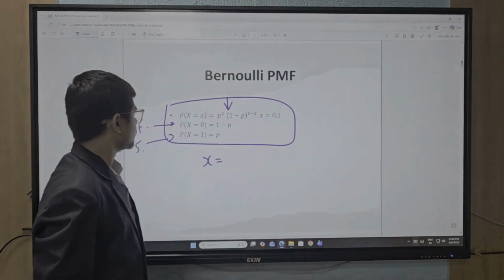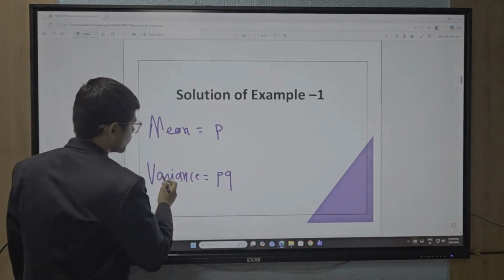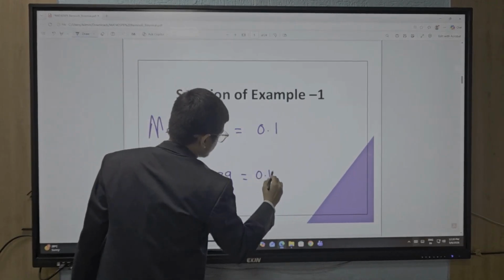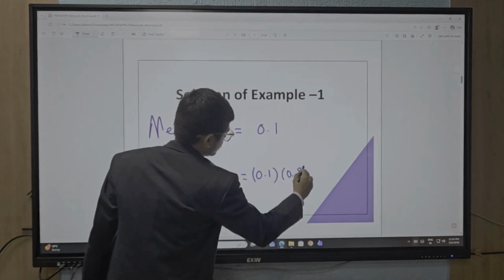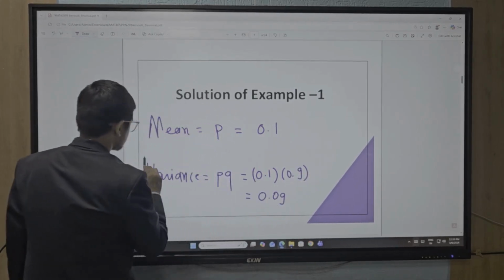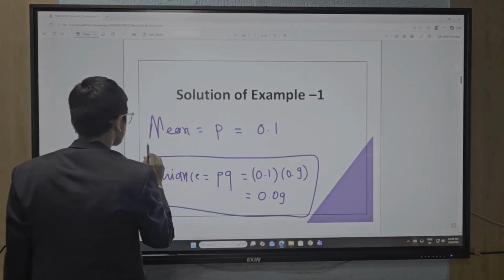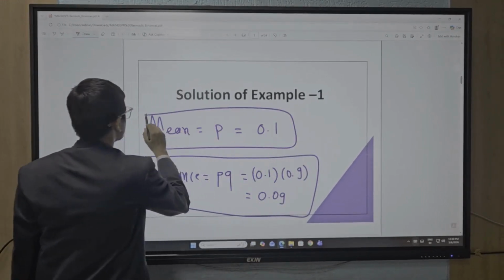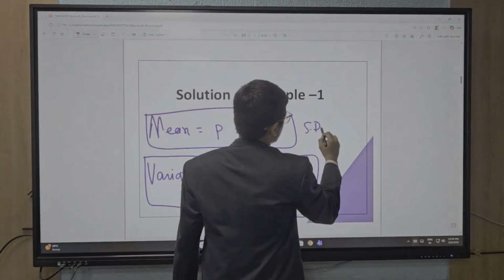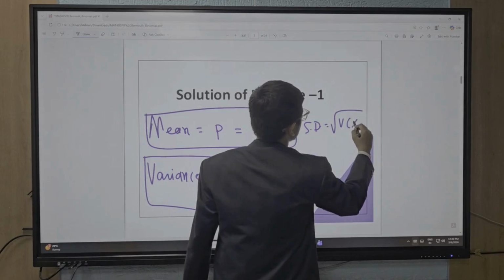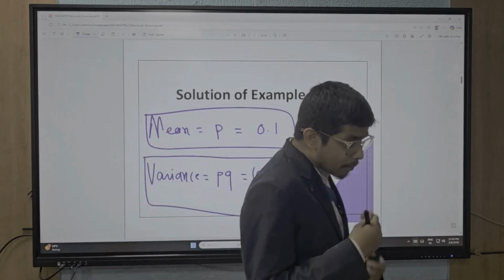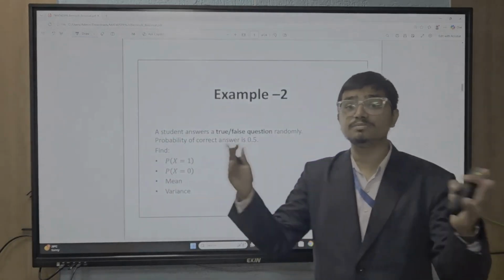Here pq means p equals 0.1 and q equals 0.9, so 0.1 into 0.9 is nothing but 0.09. So this is your variance and this is our mean. And whenever you have to calculate the standard deviation, you can consider the square root of the variance of X. So in this way, you can find the probability of Bernoulli distribution as well as mean and variance of the distribution.